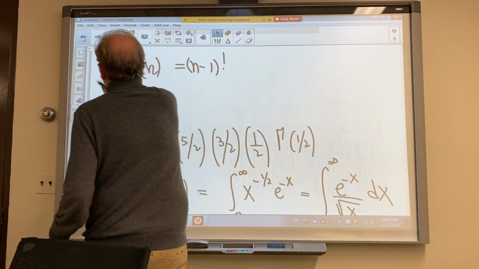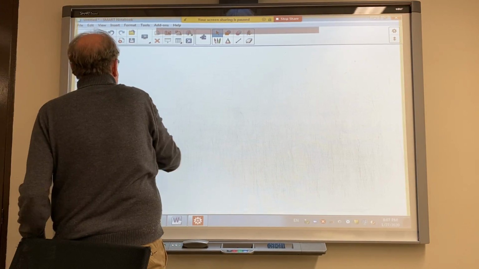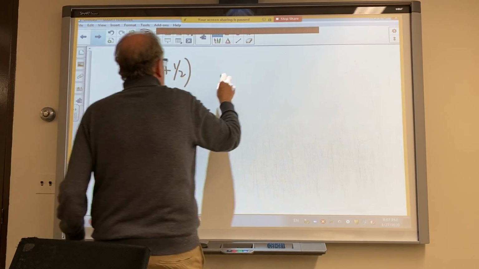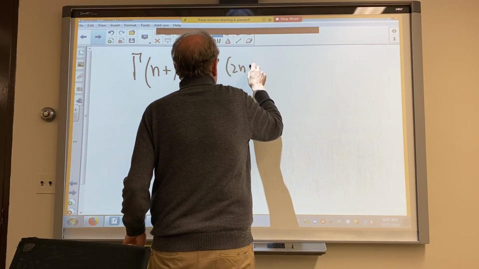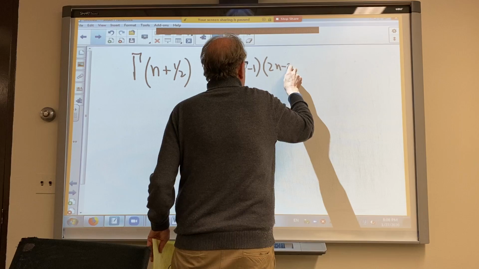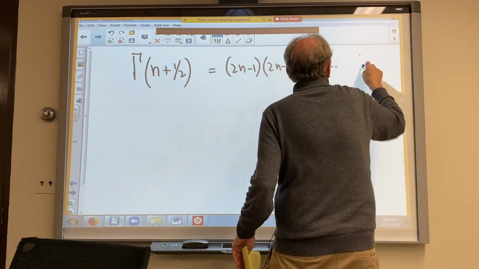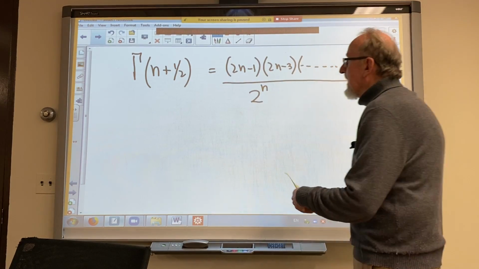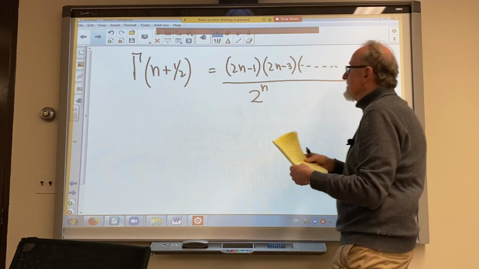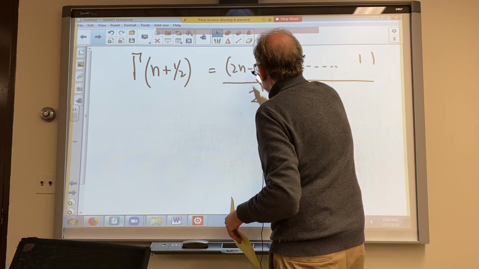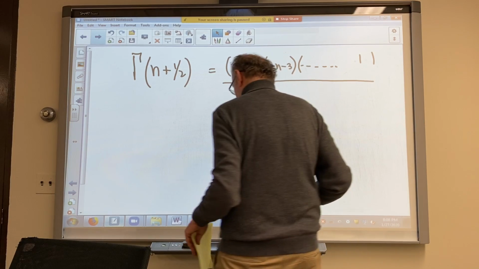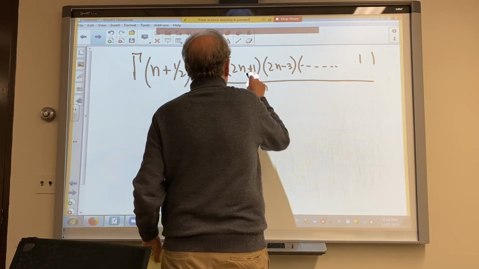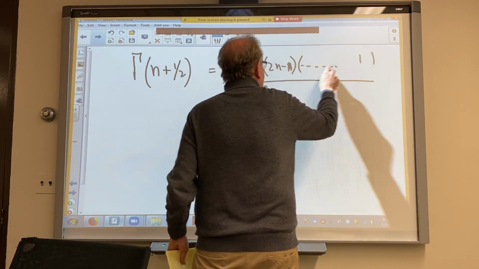So you can immediately see that gamma of n plus 1/2 will be the following: 2n minus 1, 2n minus 3, all the way to 1, and on the bottom I will get 2 to the power n. Okay, 2n plus 1, 2n minus 1, etc.